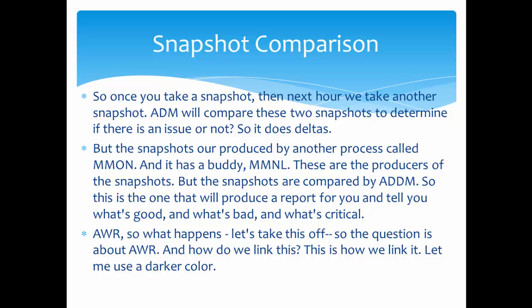ADDM will compare these two snapshots to determine if there is an issue or not. So it does deltas. But the snapshots are produced by another process called MMON, and it has a buddy, MMNL. These are the producers of the snapshots, but the snapshots are compared by ADDM.